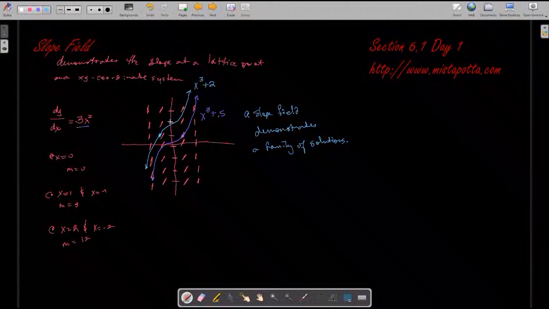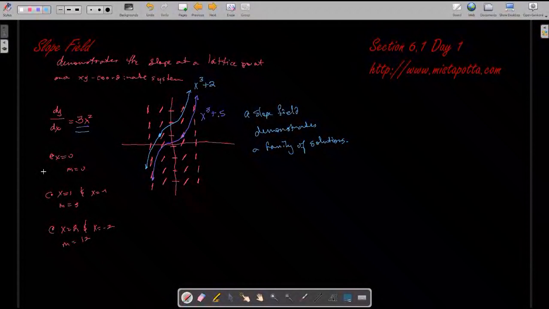Both of these functions that I've drawn have a derivative of 3x squared. So both of these curves that I've drawn are solutions to this differential equation where y prime equals 3x squared.